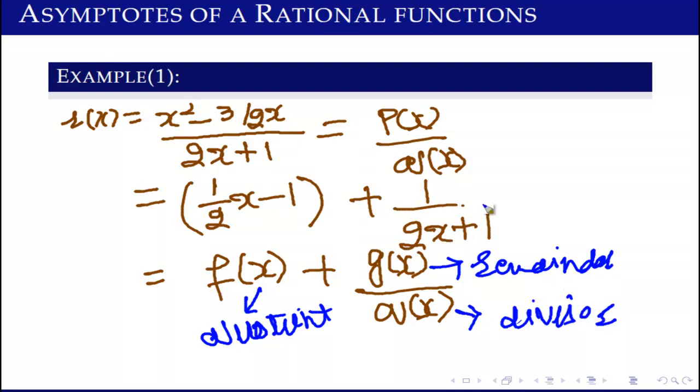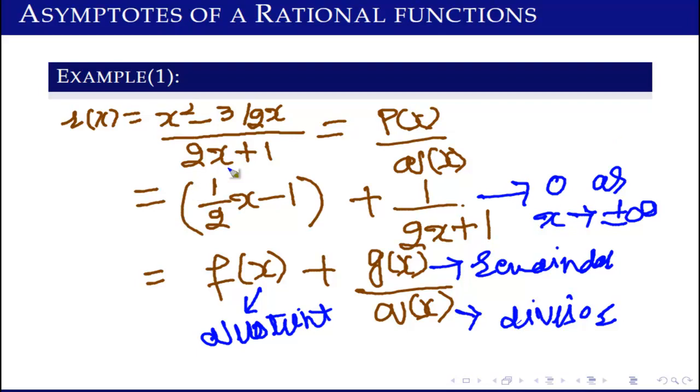Definitely 1 over 2x plus 1 will approach 0 as x approaches plus minus infinity, because degree of g of x is less than degree of q of x. Definitely this will approach 0 whenever x approaches plus minus infinity.